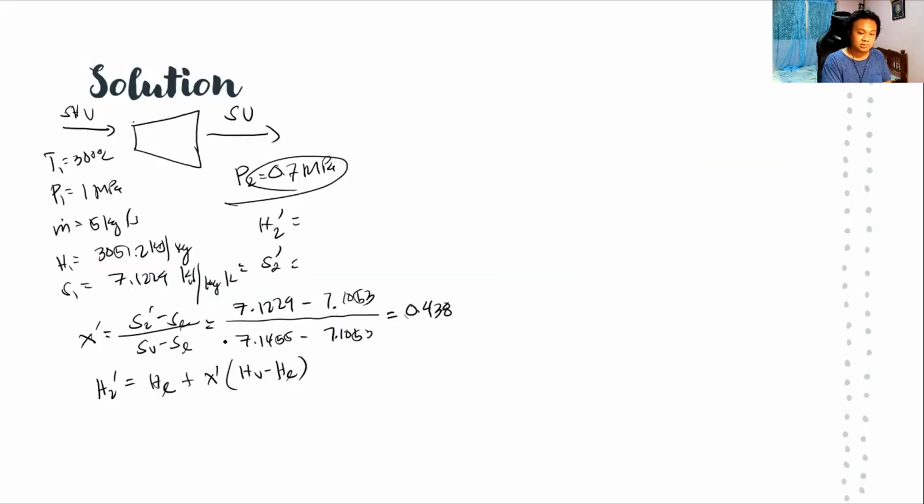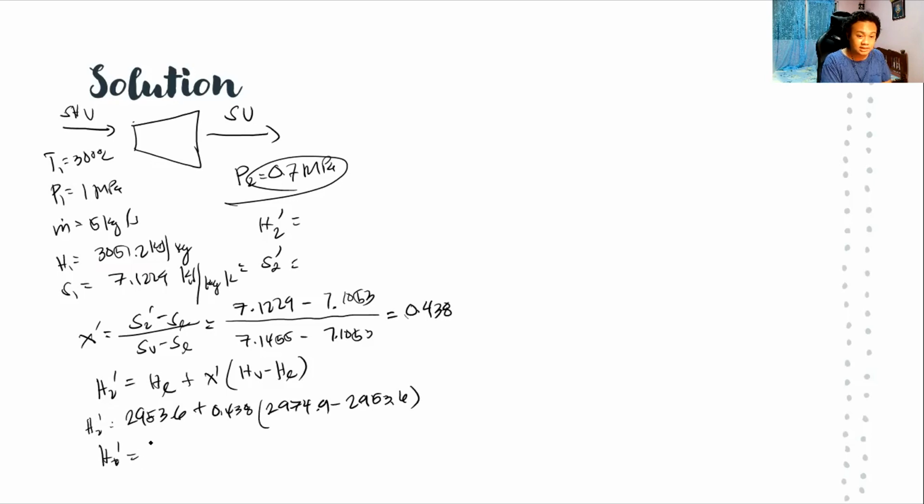So we have H2, HL is equal to 2953.6 plus 0.438 times 174.9 minus 2953.6. Then you can get the isentropic enthalpy, the second state.